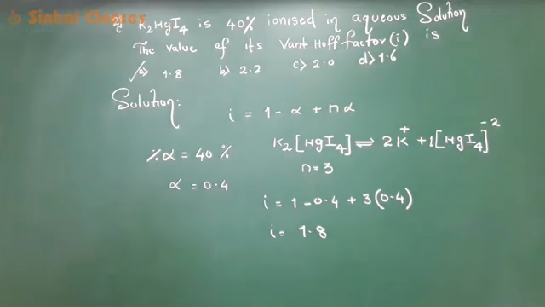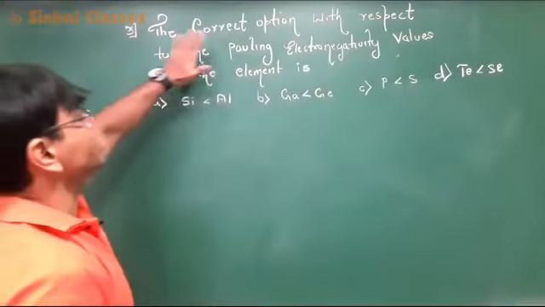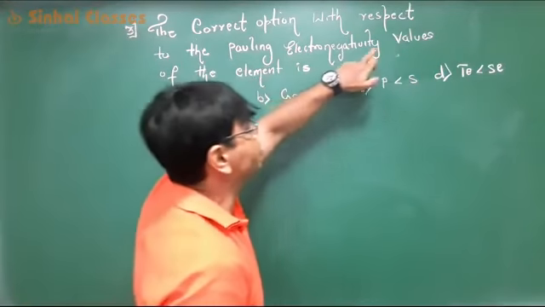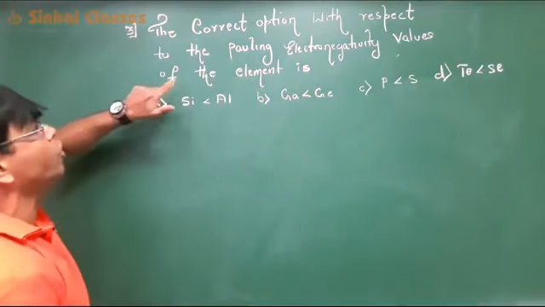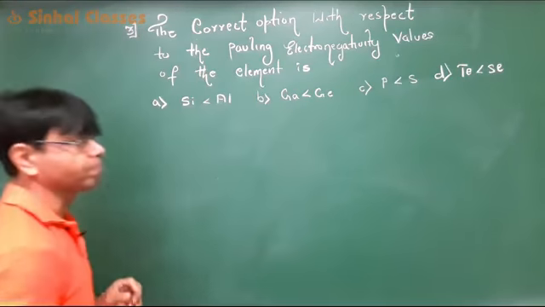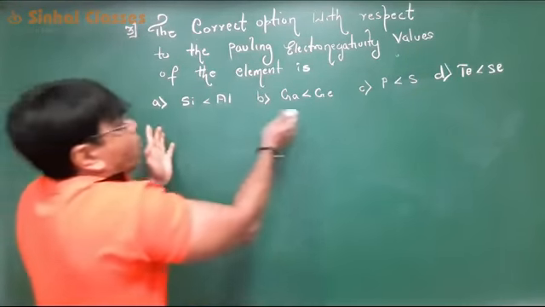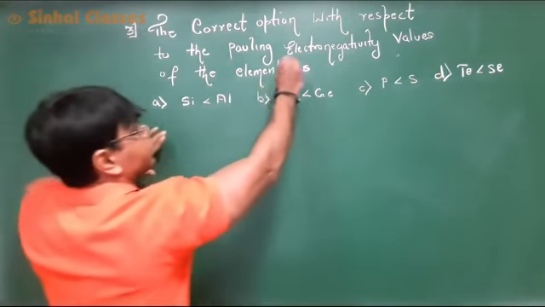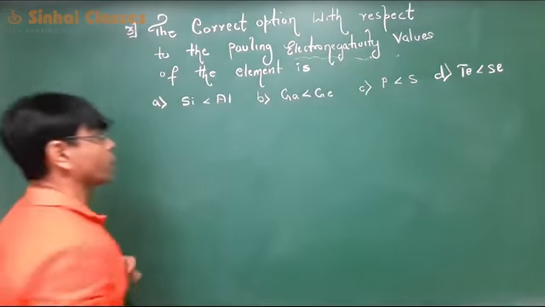Okay. Now we go for the next question. Now the correct option with respect to the Pauling's electronegativity value of the element is. Now out of these options, which is your answer? Electronegativity.